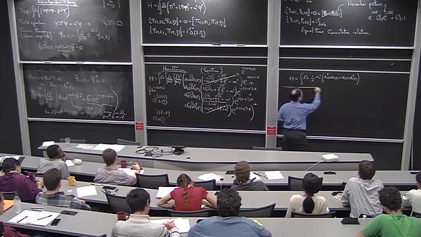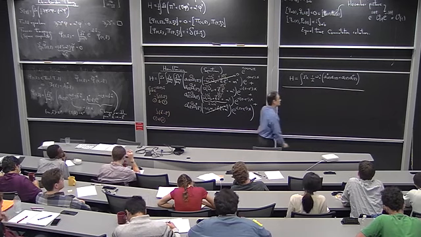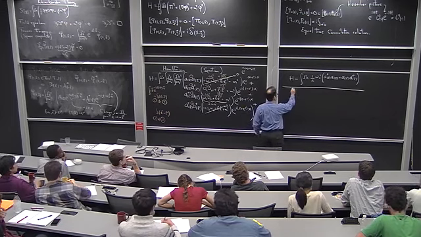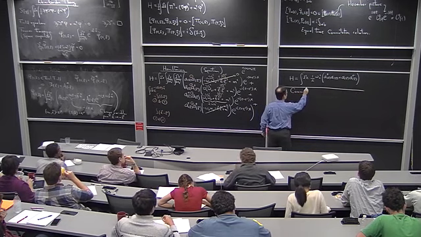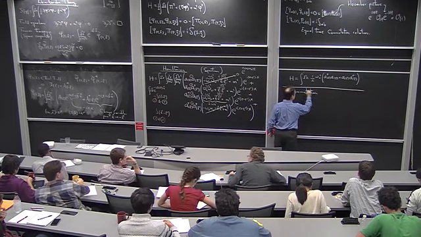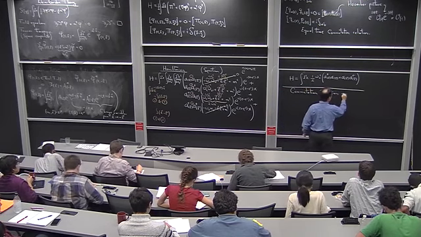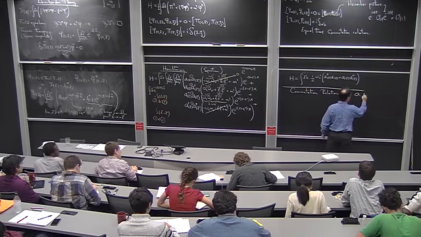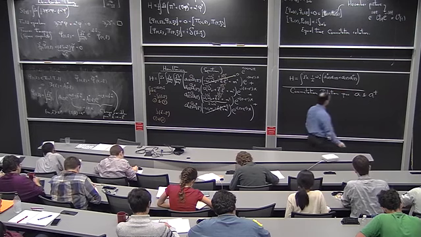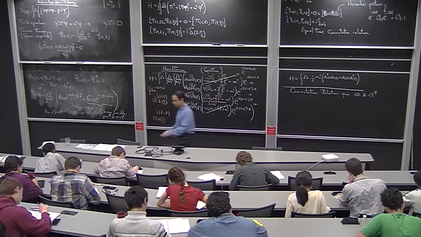So now, in order to proceed further, we really need to know the commutation relations for A and A dagger. Okay?